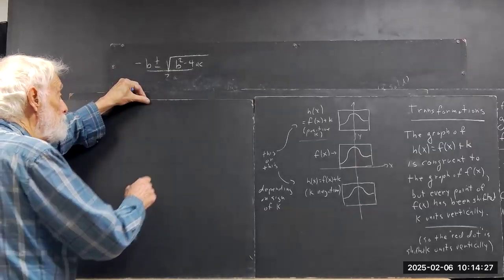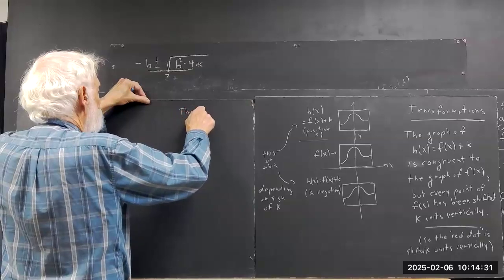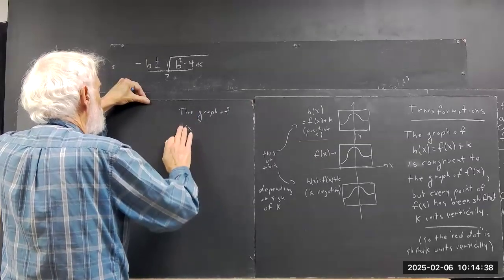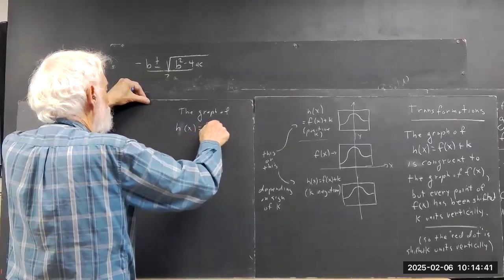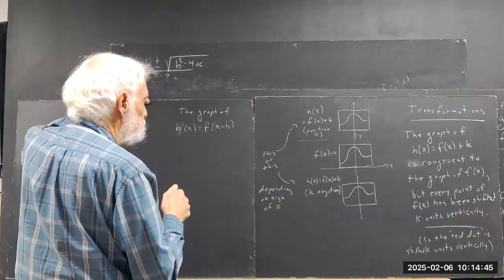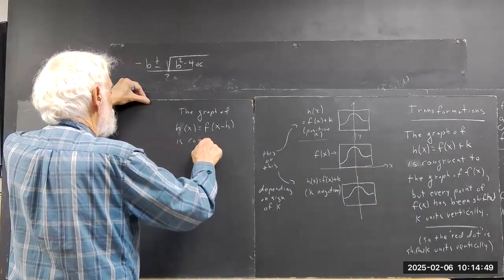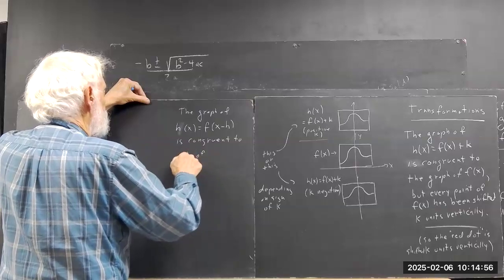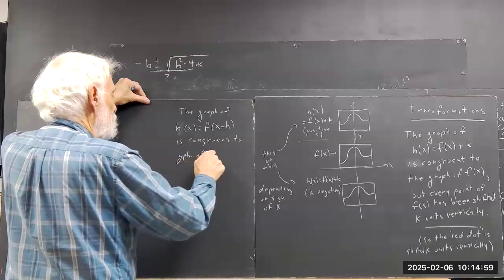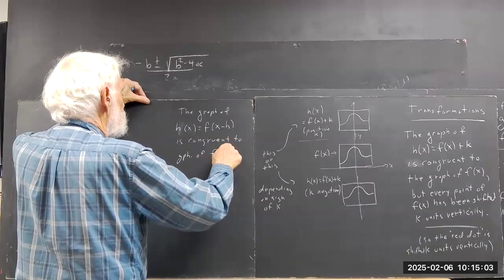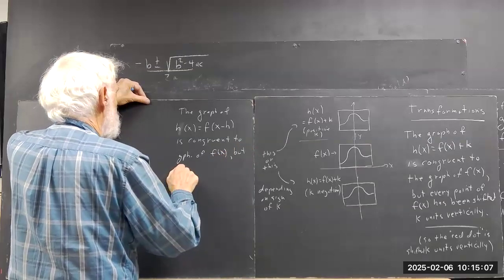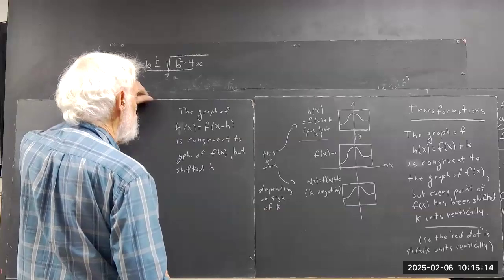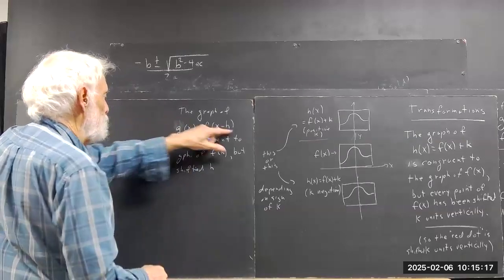Now, similarly, I'm going to call this g of x because I don't want two h's.